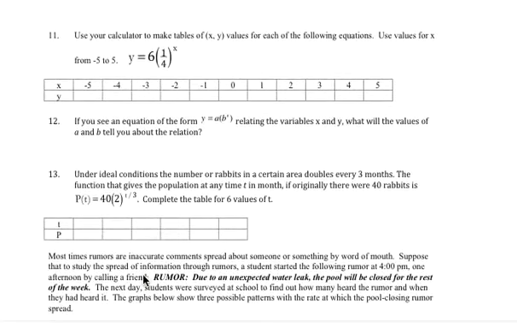It says use your calculator to make tables for each of the following equations. Use values for x from -5 to +5. The difference here is that now inside our parentheses we have a 1/4, and so maybe that throws you off, maybe it doesn't.